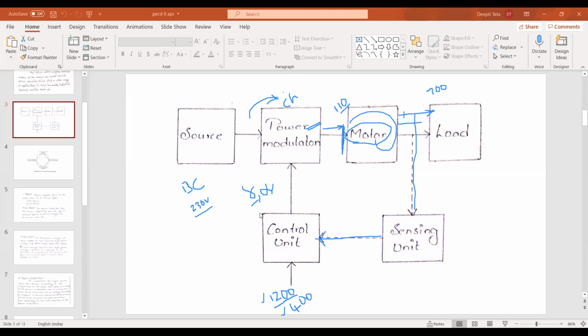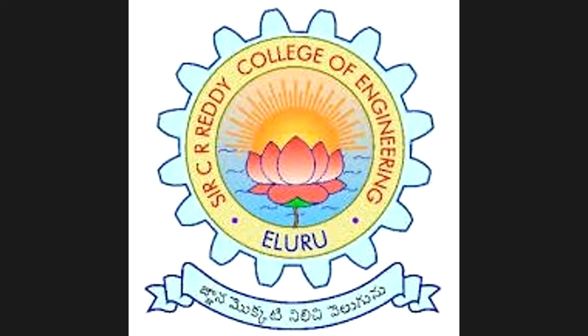Here the major work is done by the control unit block. Only the control unit will control the speed of the motor, the power converter and the load. Depending upon this control unit only, we are going to get the required speeds or currents. Right? If there is any problem in this control unit, then the required operation is not going to happen.